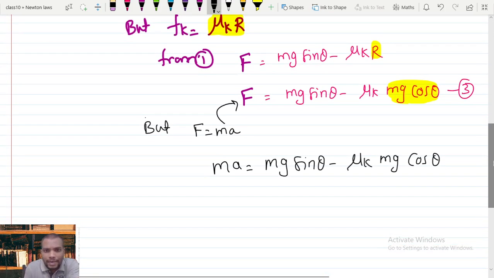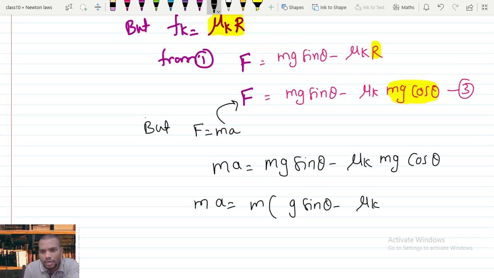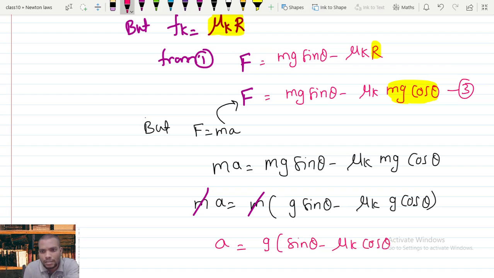Now take m as the common factor. m times a equals m of g sin theta minus mu k times g cos theta. So m gets cancelled on both sides, and the final expression for acceleration is a equals g of sin theta minus mu k times cos theta.